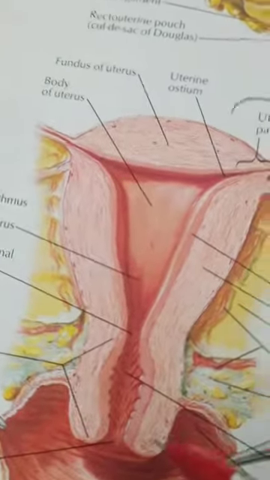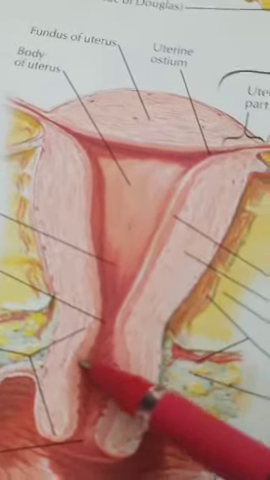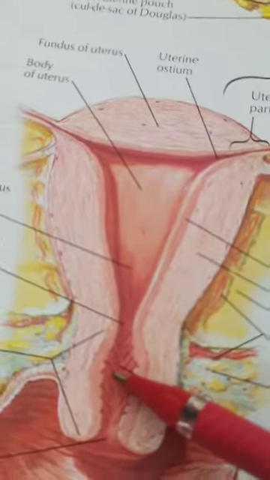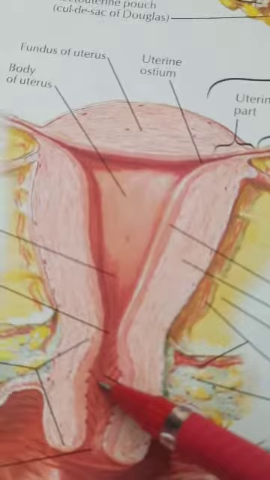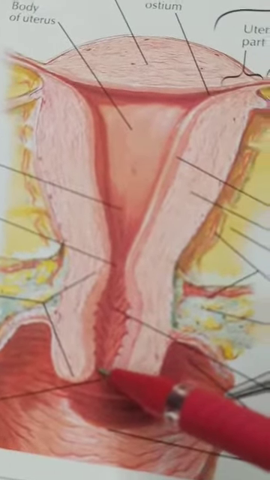Then the cervix of the uterus. The cervix is the lower cylindrical part of the uterus. It is less mobile than the body, and it is about 2.5 centimeters in length.